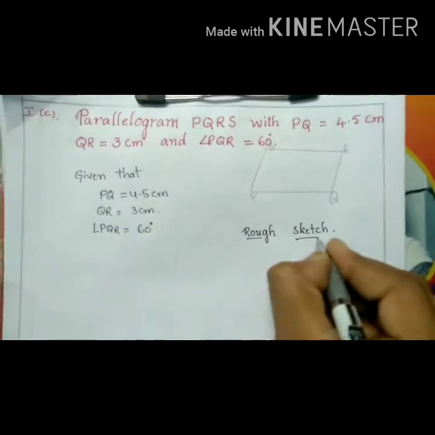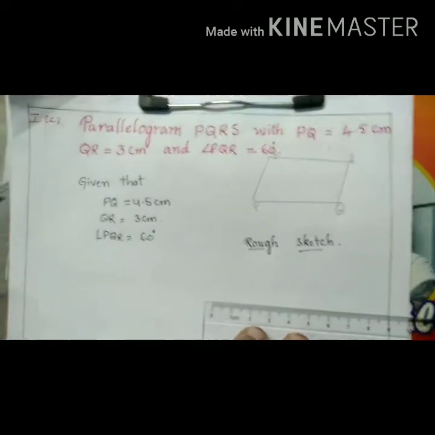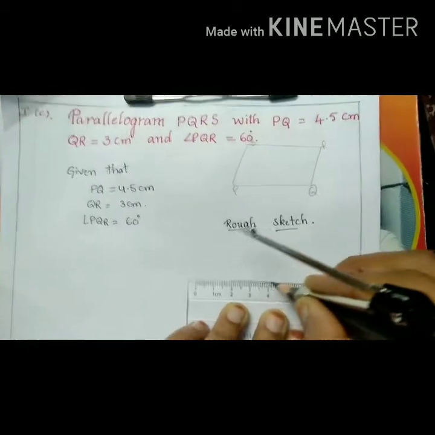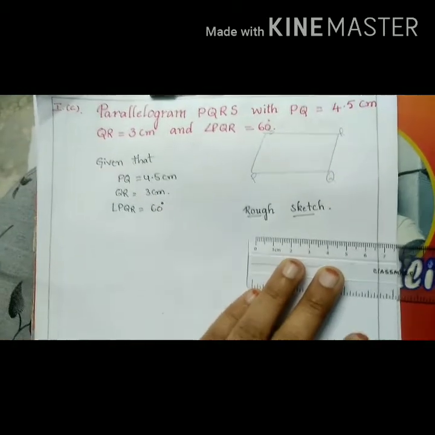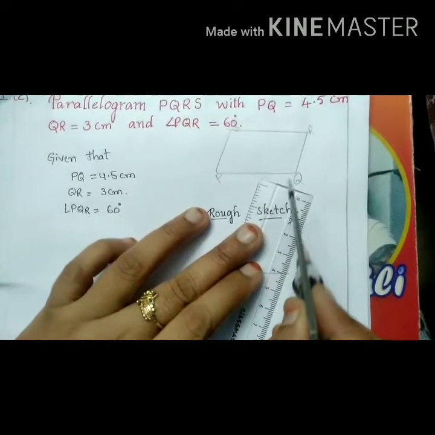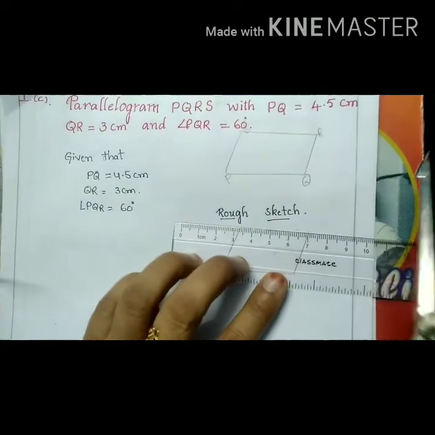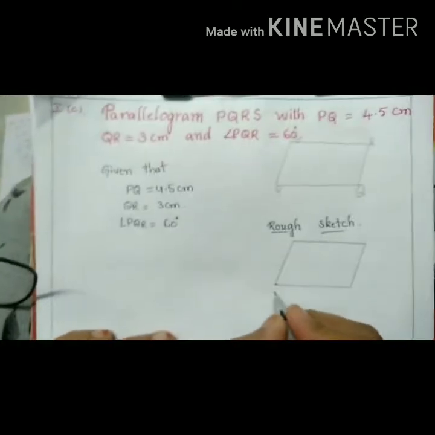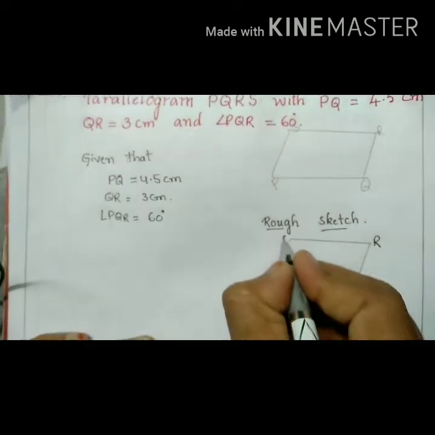Already the clue parallelogram is given. Just draw the parallelogram. So opposite sides are equal. Just an imagination of the diagram. It is just a rough sketch, named as P, Q, R, S.